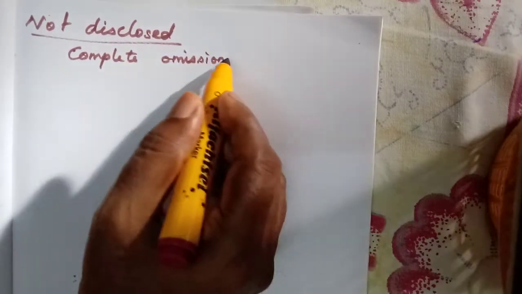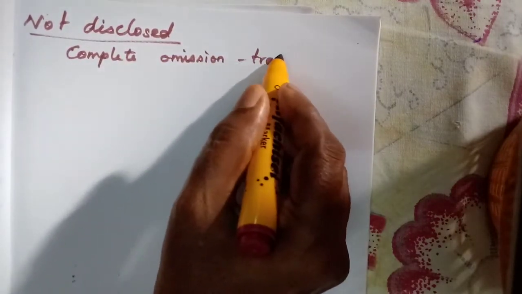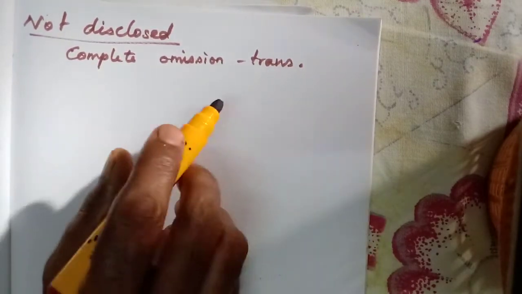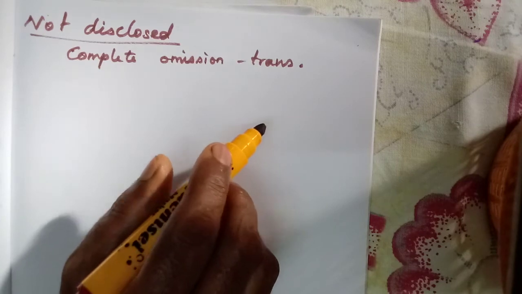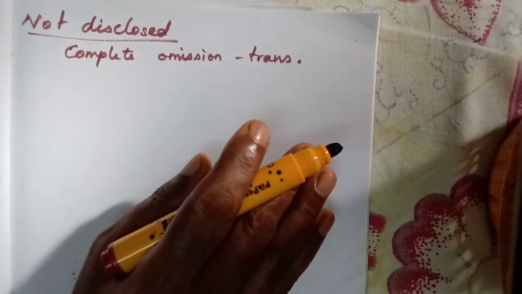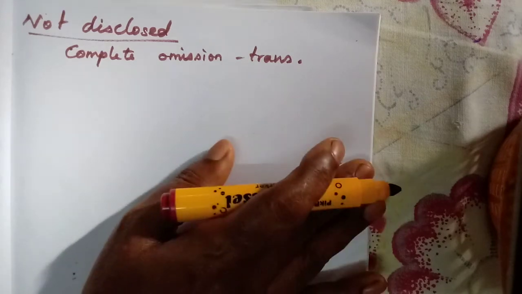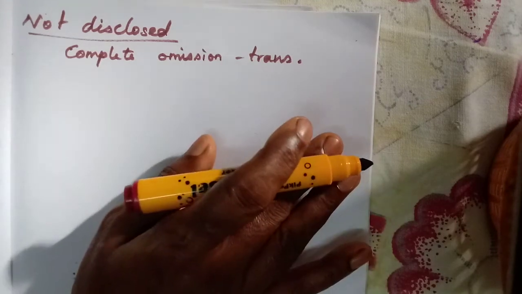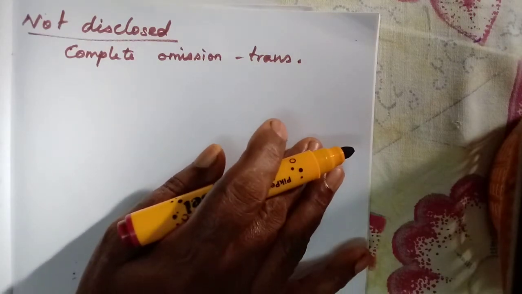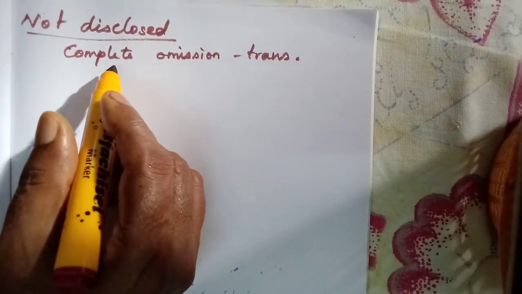If a transaction is omitted, that means one debit and one credit are omitted fully. So if it is omitted, both sides will show less. We cannot find out. Okay, 5000 less here, 5000 less there, so it will get tally. So we cannot find out the difference in the trial balance. Okay, that is complete omission.